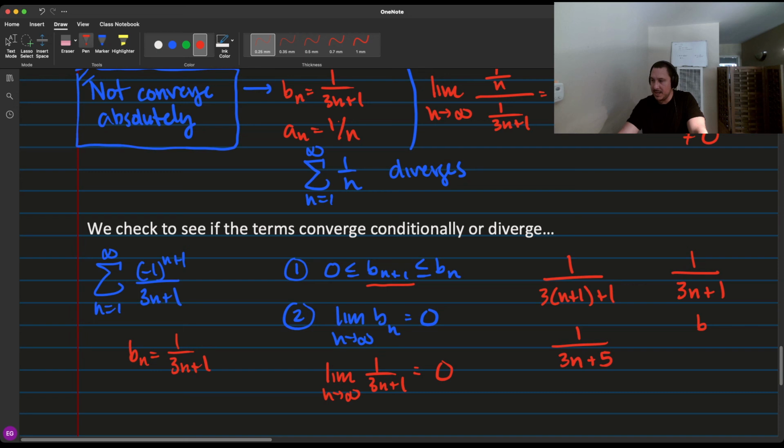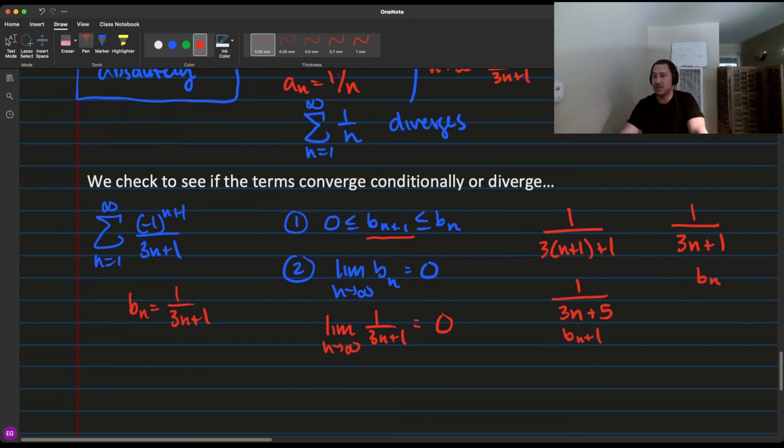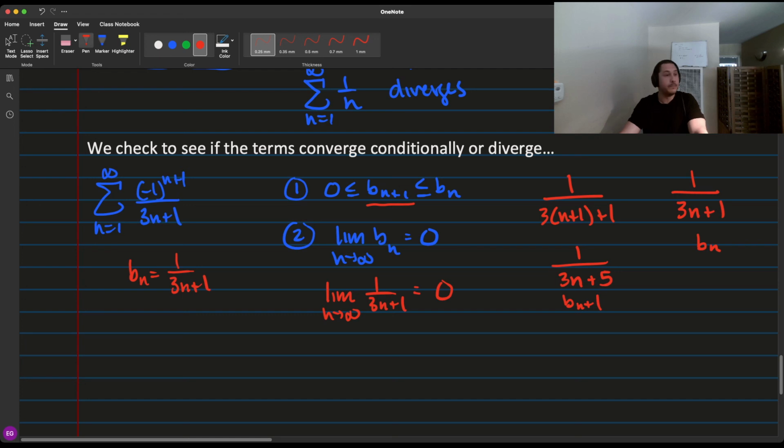This is our bn, this is our bn plus 1. So we need to figure out the relationship between them. If I distribute the 3, yes! Thank you. My brain is still getting crushed.